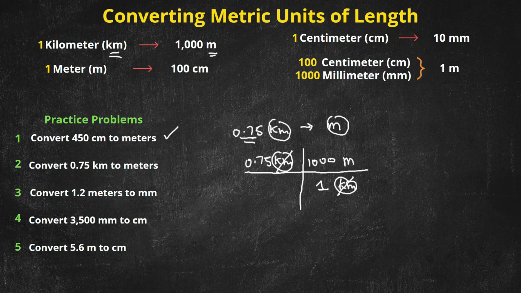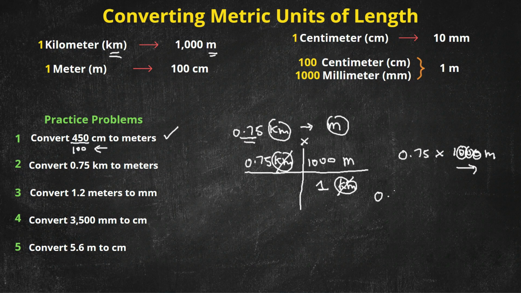And the upper part here, we are multiplying. So let me rewrite this as 0.75 times 1000 meters. So if in the first problem we were dividing by 100 and we moved towards the left, now we are multiplying, so we'll be moving towards the right. How many places? 3 places.